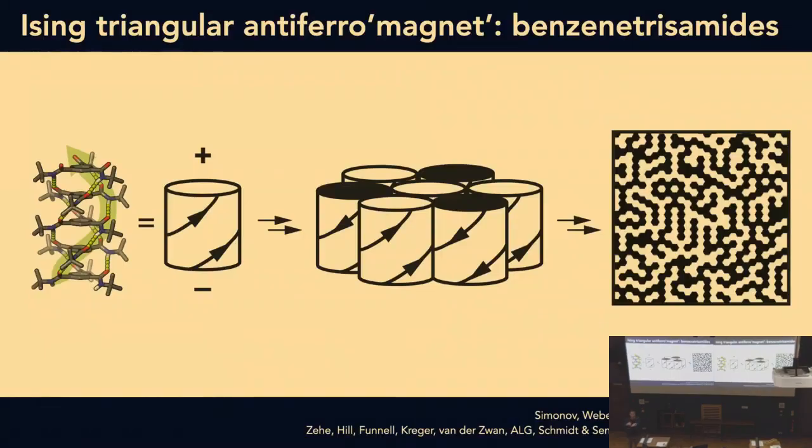But the edge of the molecule is decorated by amides, and those amides will hydrogen bond from one to the next. The hydrogen bonds form a kind of helix around the outside, but all of those hydrogen bonds point in one direction. That means this column, as it self-assembles, has a positive end and a negative end, a dipole associated with it.